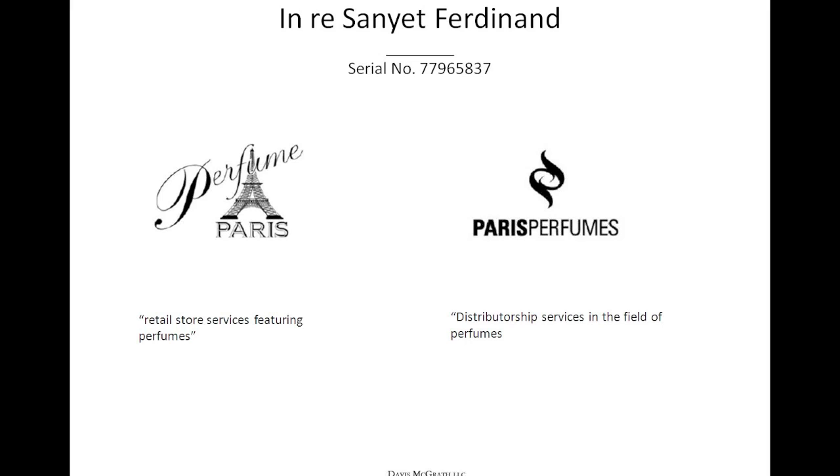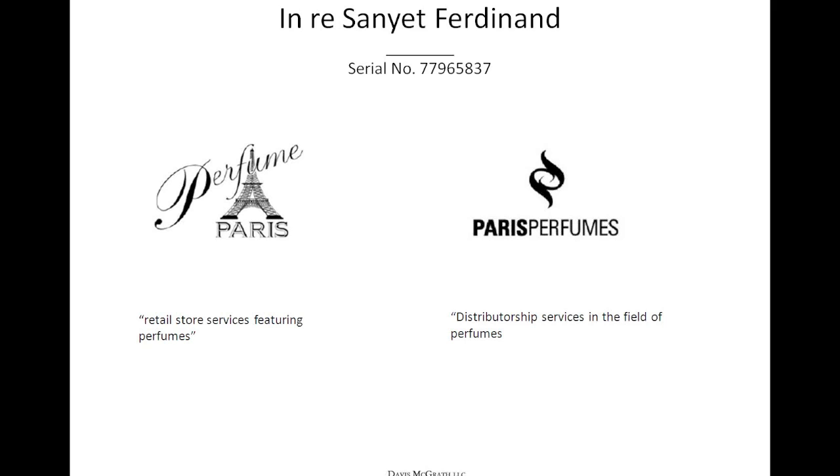The applicant's is for retail store services featuring perfumes, and their mark on the left is Perfume Paris with the design of an Eiffel Tower, whereas the registered mark that the examiner had cited against, which led to the application being denied, was Paris Perfumes with a stylized, almost vapor-like image above the words Paris Perfumes, and that's for distributorship and services in the field of perfumes.